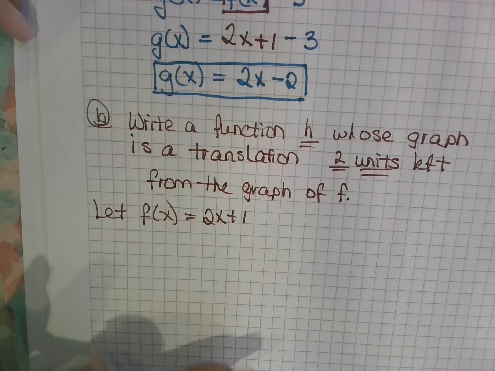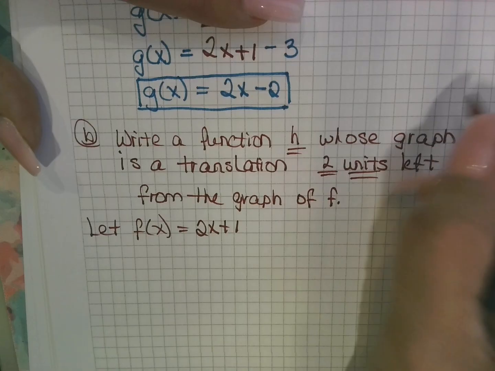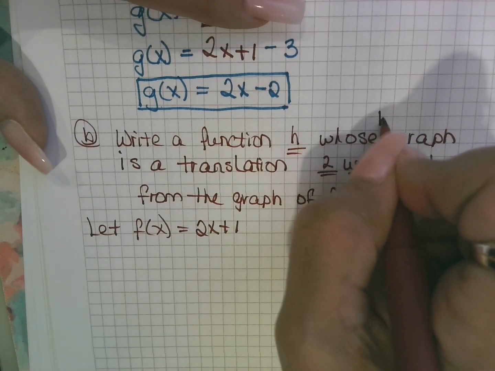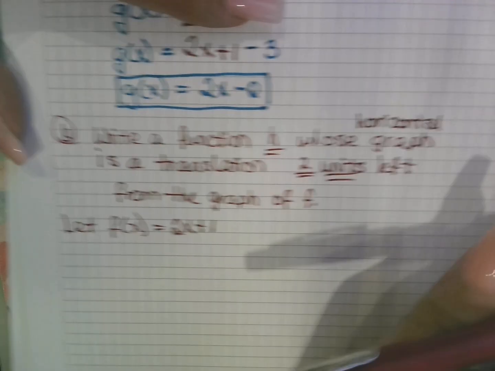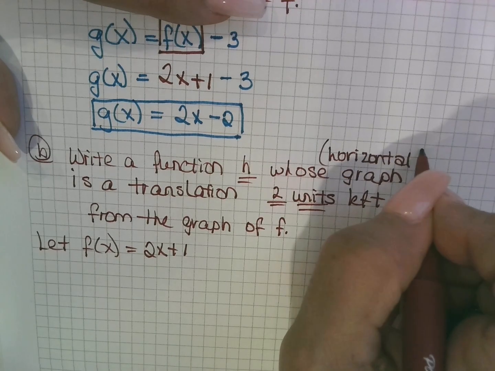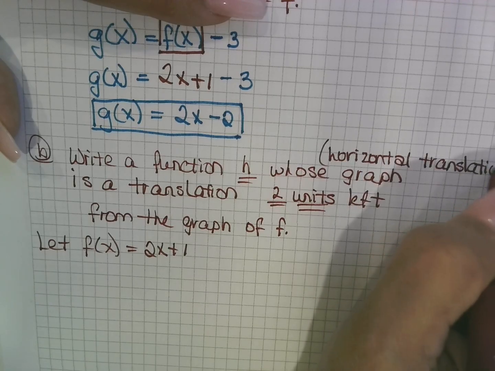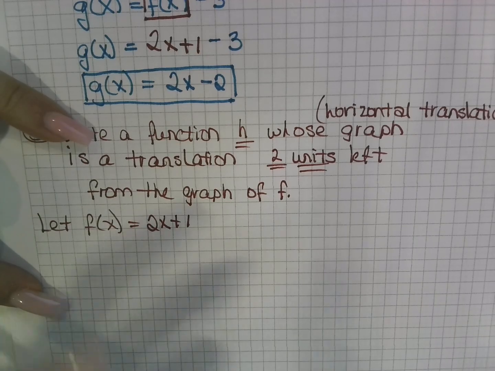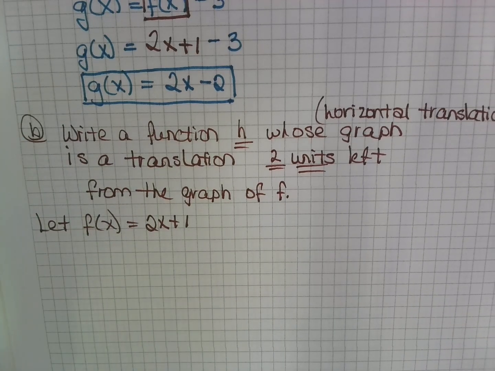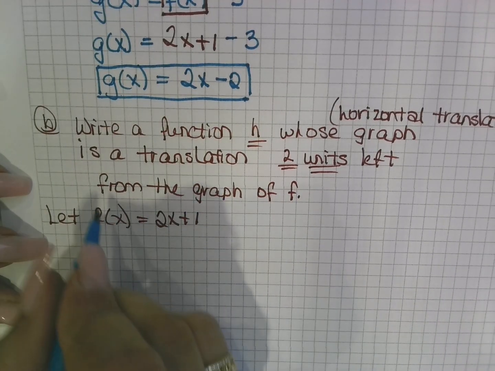But in this case, we want to move it 2 units left. So that's not vertical. This one is a horizontal translation. Okay? And horizontal translations take place inside the function. All right? So let's take a look at this.